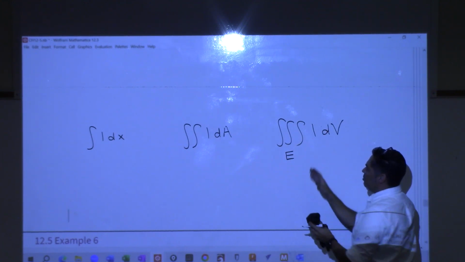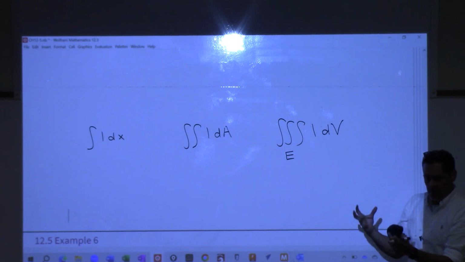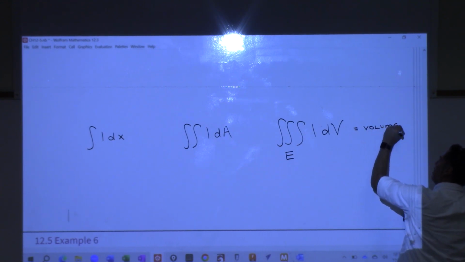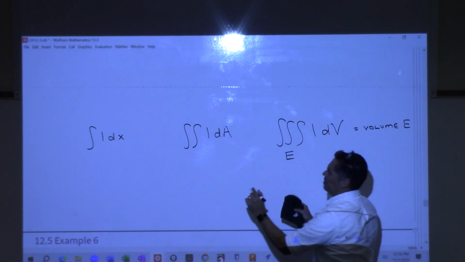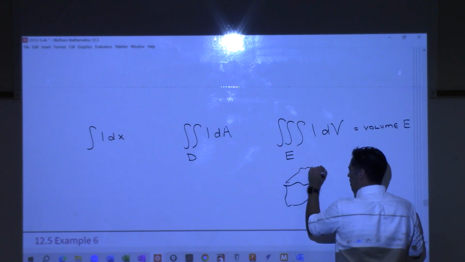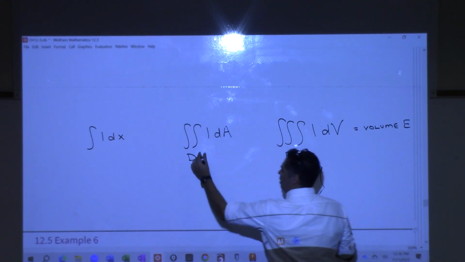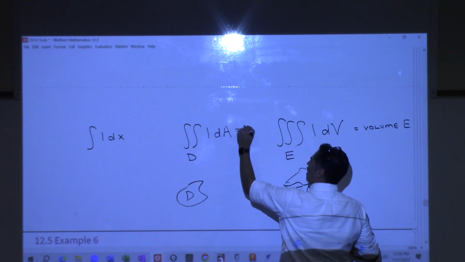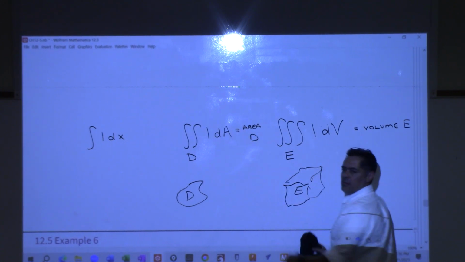I put E, and everyone understands that's the solid we're integrating over, right? And this gives you the volume of E. Here, I have to give you what we're integrating over, D. So here's my solid E in 3-dimensional space. Here's my D that lives in 2-dimensional space. This gives me the area of D.